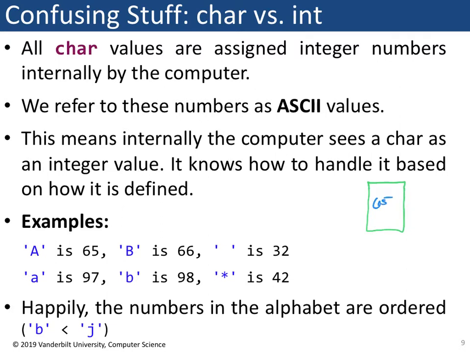Now, anytime that we make use of that char, Java knows to interpret the number 65 as the letter A because of the ASCII encoding. However, it's still written down as the number 65.